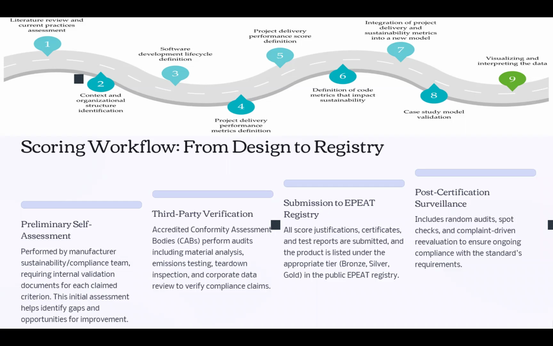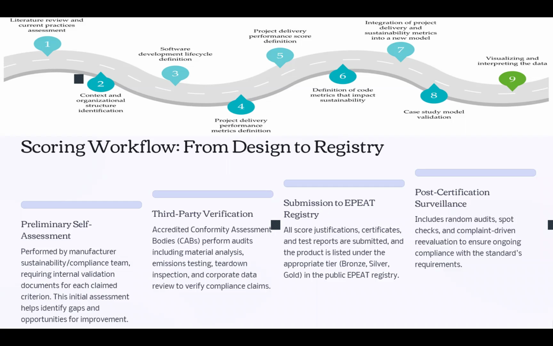They gather documentation like test results, design specs, or supplier declarations to back up their claim. Then comes the external review, by independent third-party groups that are normally called conformity assessment bodies, CABs. They come in to do a full audit.